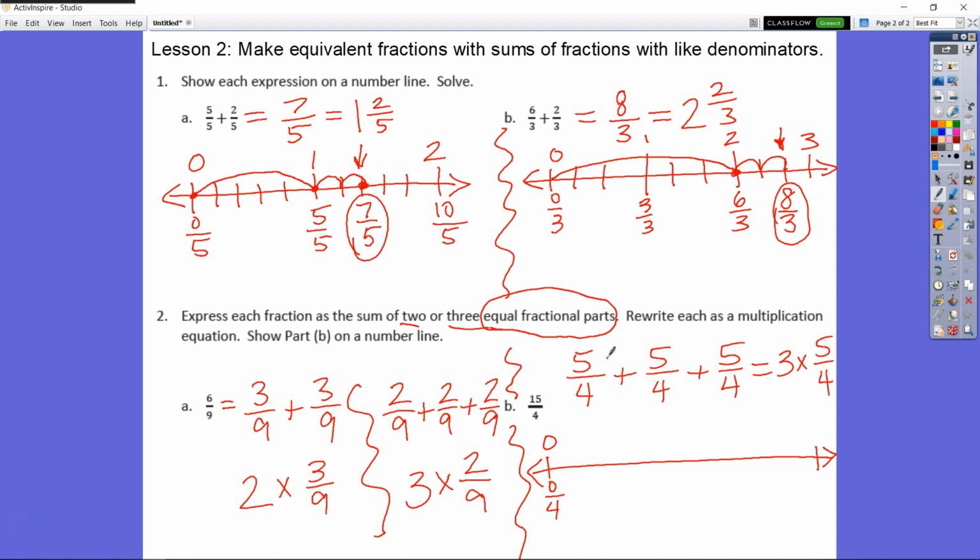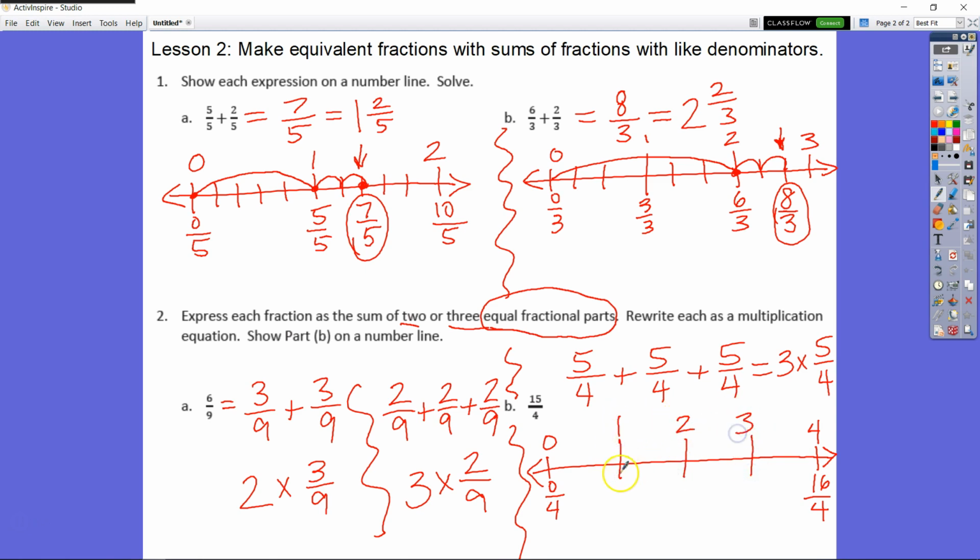So 4/4 would be 1, 8/4 would be 2, 12/4 would be 3, 16/4 would be 4, but I don't have 16/4. I only have 15/4. So it's not quite 4. I know I need to have 1, 2, and 3 in between my whole numbers.